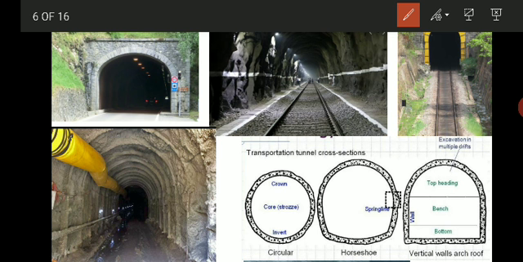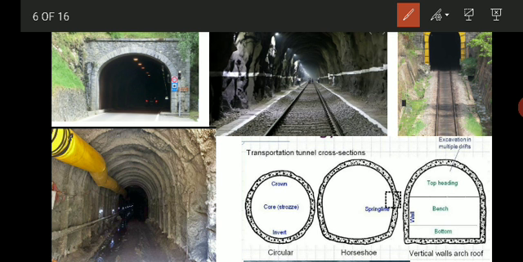One is traffic tunnel. So the longest railway tunnel is in Japan, called the Seikan tunnel. It is the longest submarine tunnel. Submarine railway tunnel means it is constructed under the ocean, and it is a railway tunnel which is 53.85 kilometers long, in Japan.